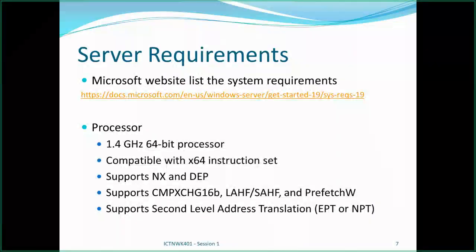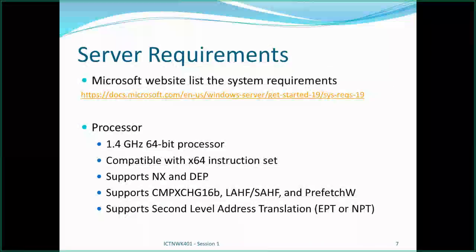So we need a 64-bit processor with at least 1.4 gigahertz in clock speed, and basically it gives you a list of things that must be there. And most modern processors, like the i7 and i5 processors, will all have that.